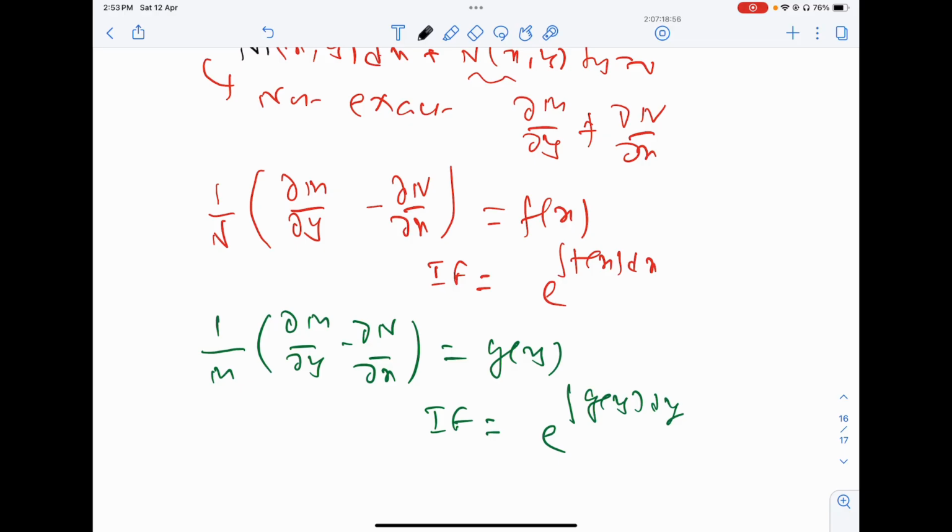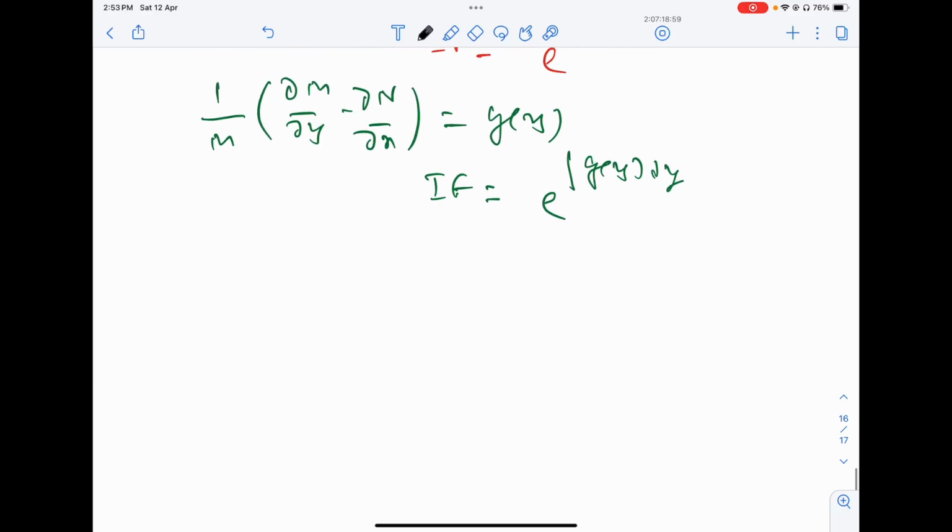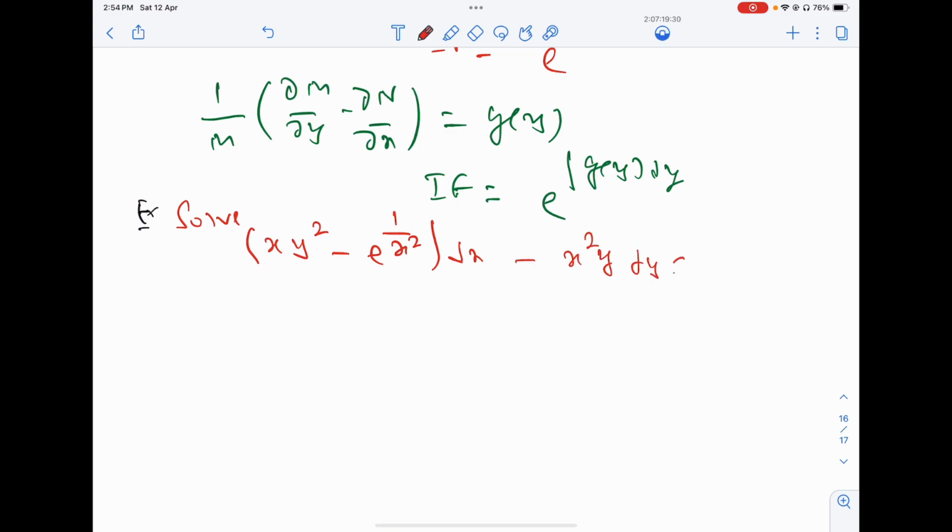So let us take one example. Solve (xy square minus e to the power 1 by x square) dx minus x square y dy equal to 0.